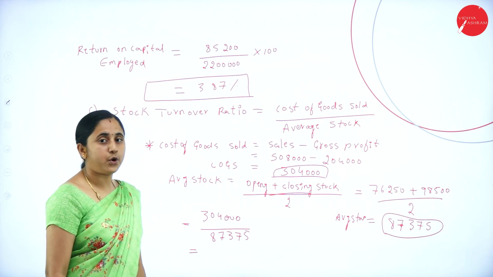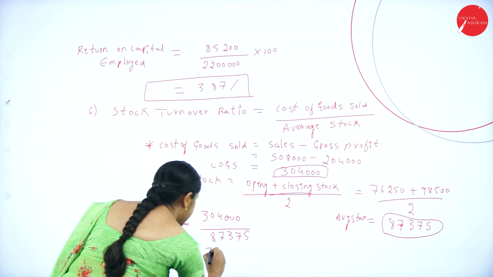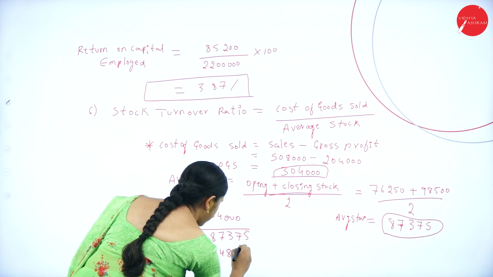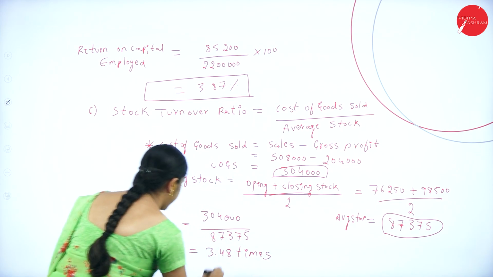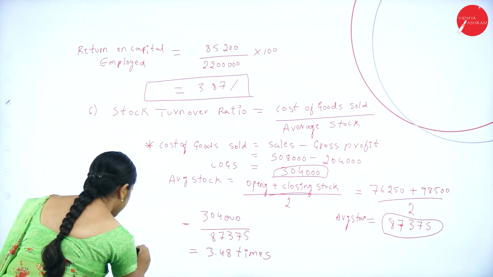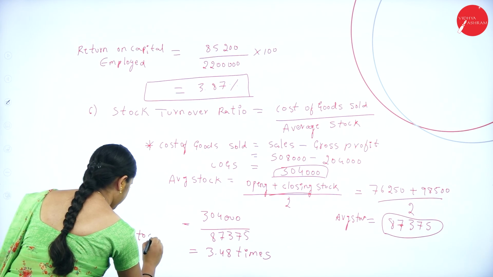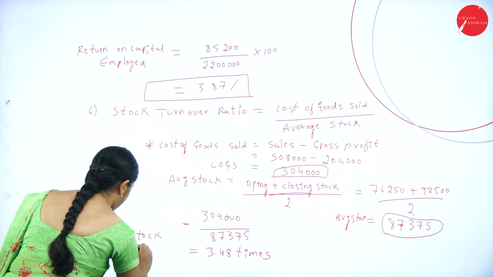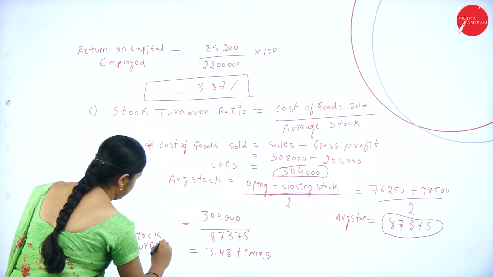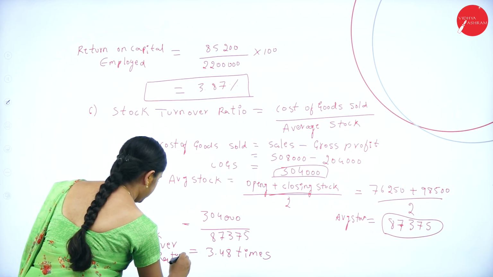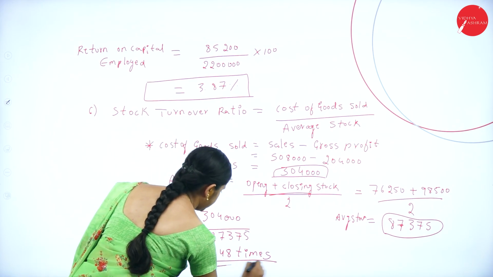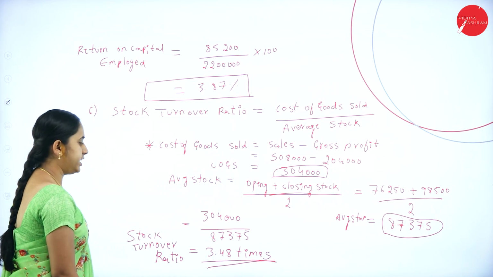Answer: 3.48 times. Stock turnover ratio is 3.48 times.